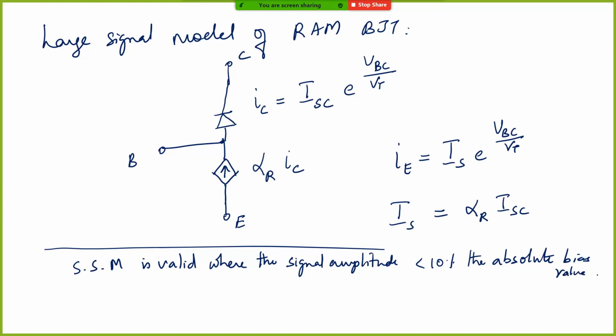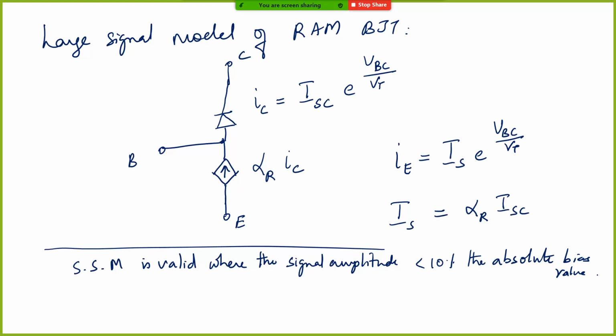Now, if I have to explain this, I have to take a longer lecture. So, to give you a one-line answer, in the large signal model you don't have any conditions like this. In a small signal model, you assume that the signal amplitude is negligibly small compared to the bias value at which your analysis is done.